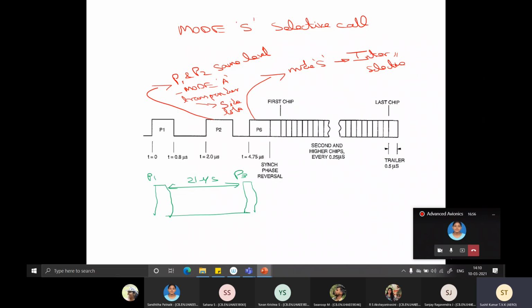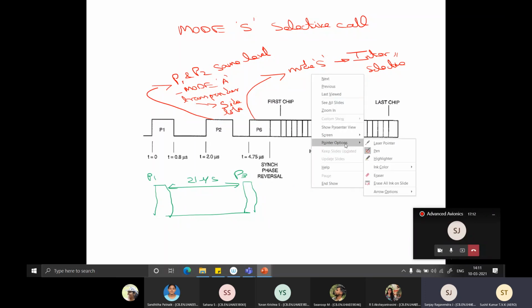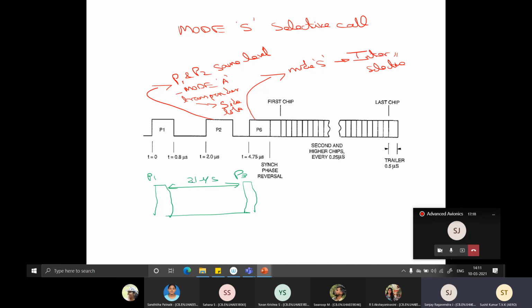Sanjay? Sir, I read about this something using the P4 pulse, but I'm not sure what it is. I don't remember what it is. Yeah, but can you just make a wild guess? I should block those mode C transponders. That's the aim.